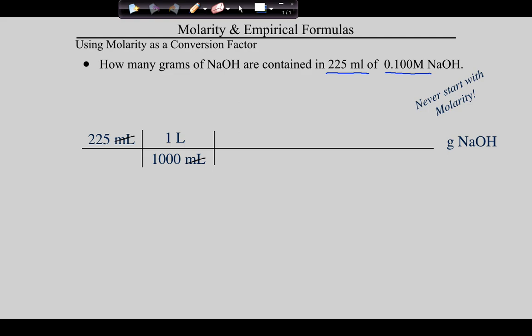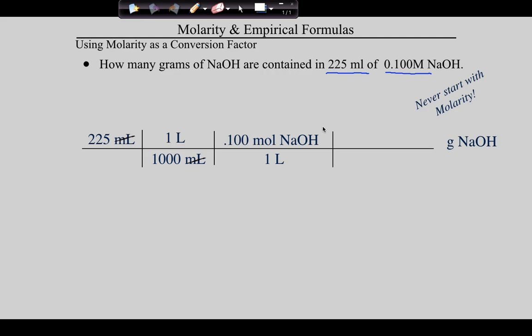How many moles are in a liter. So we're in liters. If we want to get to moles, guys, what's the molarity of the solution? 0.1 molar. What does that tell us? For every liter, how many moles? 0.1. Use it. For every 1 liter, there's 0.1 moles. Will it always be 0.1 moles? No, but it'll always be given. And now we're in moles.